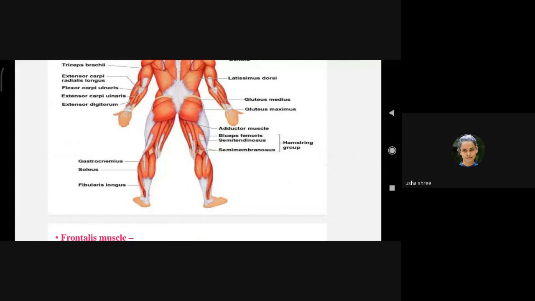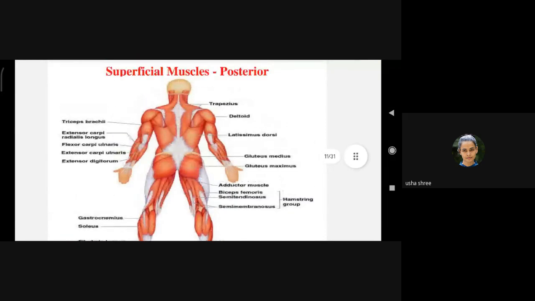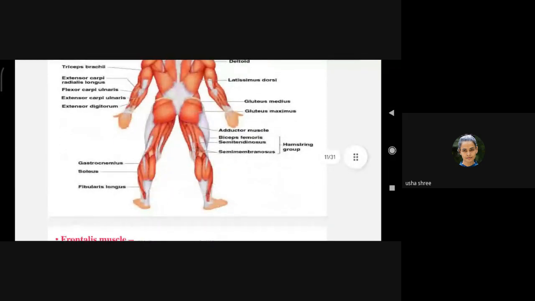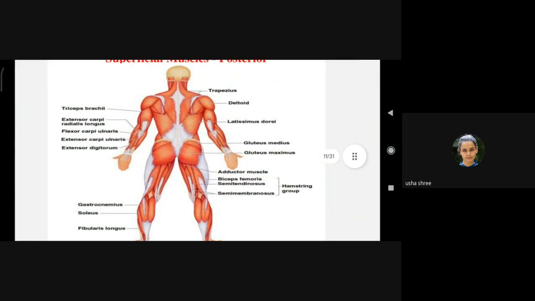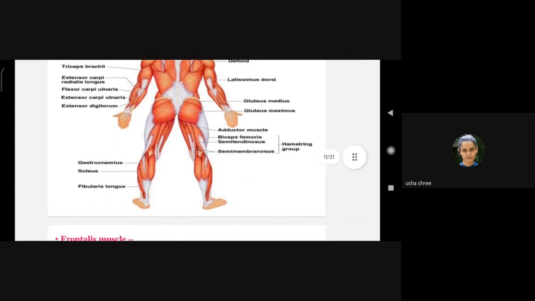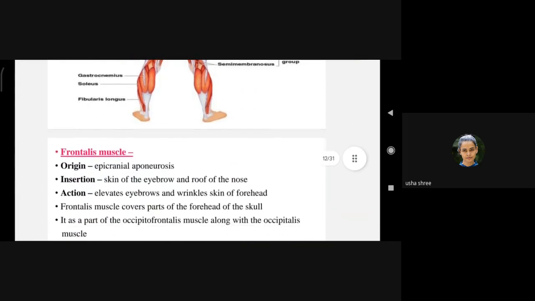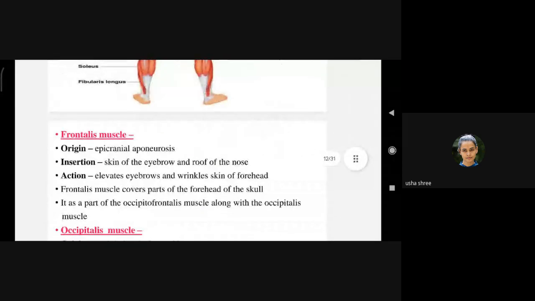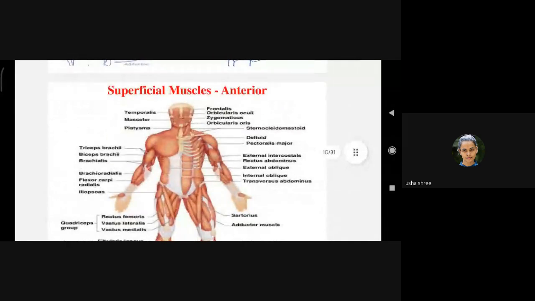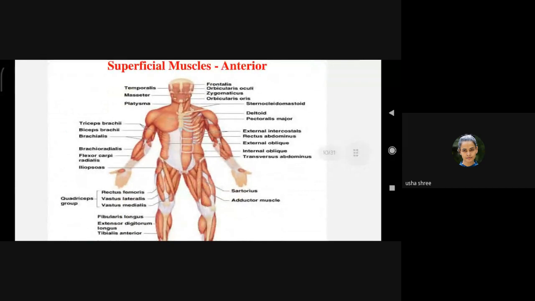So these are the important muscle names you should learn. Gastrocnemius at the lower leg, and yes, these are the muscles. So I think we should proceed to the next. Some more muscles are there, like pectoralis major in the chest.